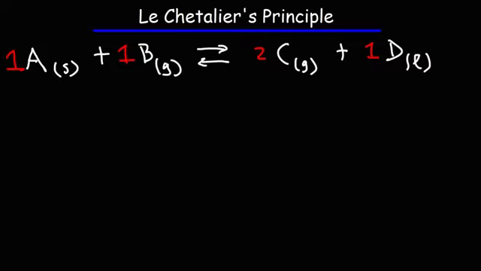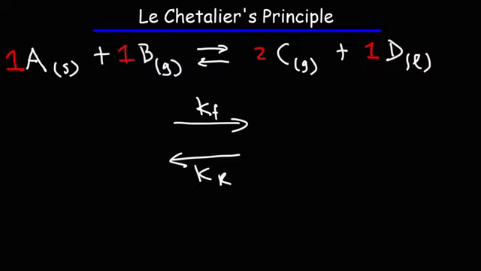Equilibrium, with regard to chemistry: when a chemical reaction is in equilibrium, it's not static equilibrium, where everything is stationary. We have a case of dynamic equilibrium. That means things are moving. When we have dynamic equilibrium, the rate of the forward reaction is going to be equal to the rate of the reverse reaction.